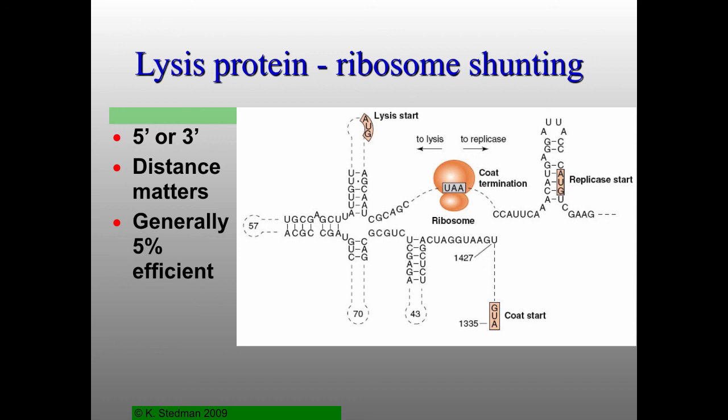Yeah, so the question basically has to do with, again, evolutionary questions. And so presumably it's now optimal for getting lysis to happen at the right time after you've had production of enough genomes, enough coat protein, enough maturation protein in order now to have enough infectious particles.